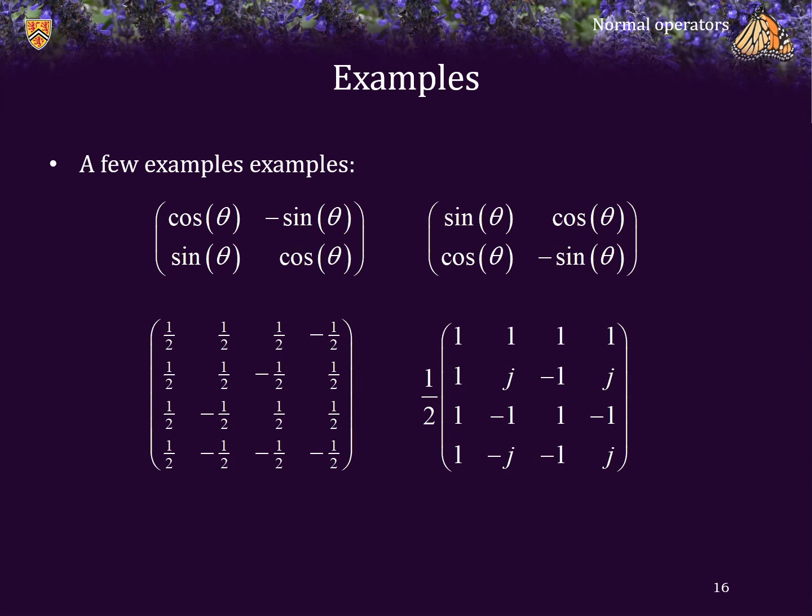On the right-hand side, we see something similar, but this is actually a matrix used in the fast Fourier transform. So, rather than having a 1/2 multiplying every single entry of the matrix, I've factored out the 1/2. But assume that each entry in that matrix is multiplied by 1/2.